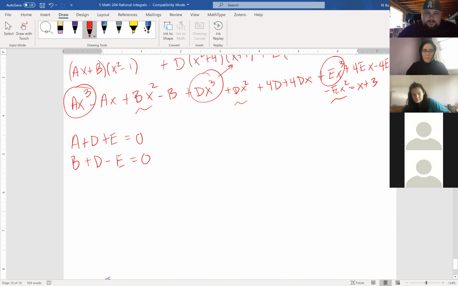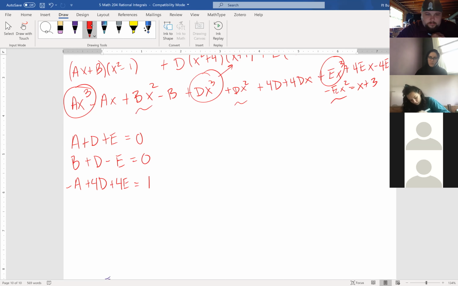All right, so we got the x squared, so we need x's. So we've got minus a plus 4d plus 4e. Now there is an x term on the other side, so that's got to be its coefficient, which is 1.